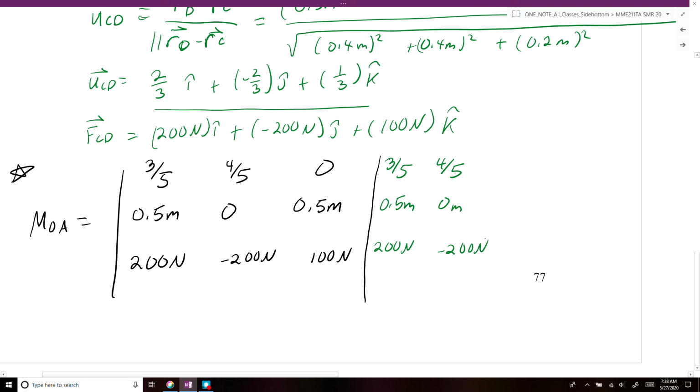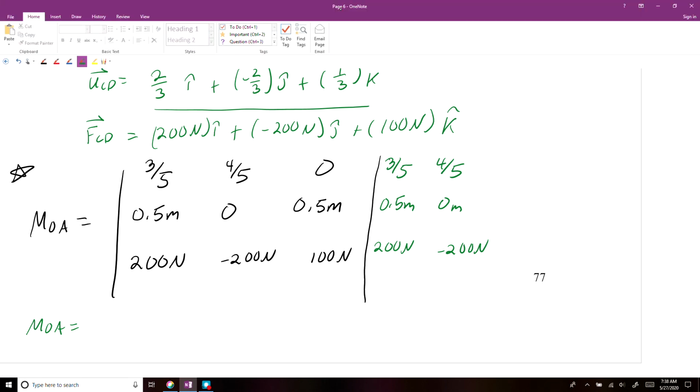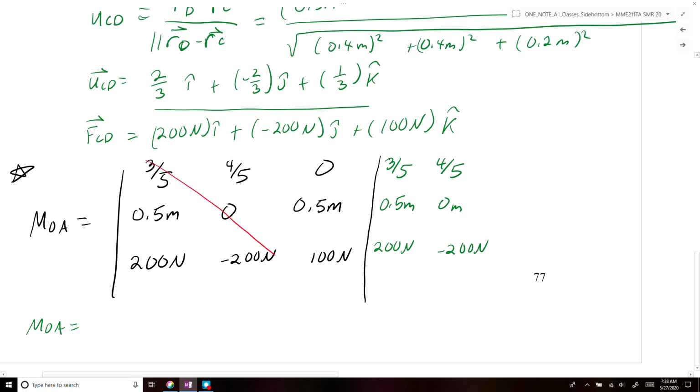So M_OA will be equal to the sum of all of these diagonals here.